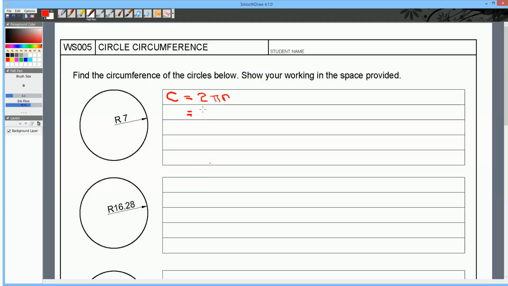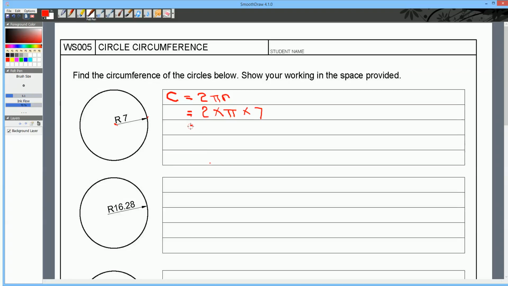Remembering that the diameter is the distance across the circle, the radius is half that distance, or the distance from the centre to the outside, in this case 7. So I'm going to write that as 2 times pi times the radius, which is 7. Okay, so that's it all written out.